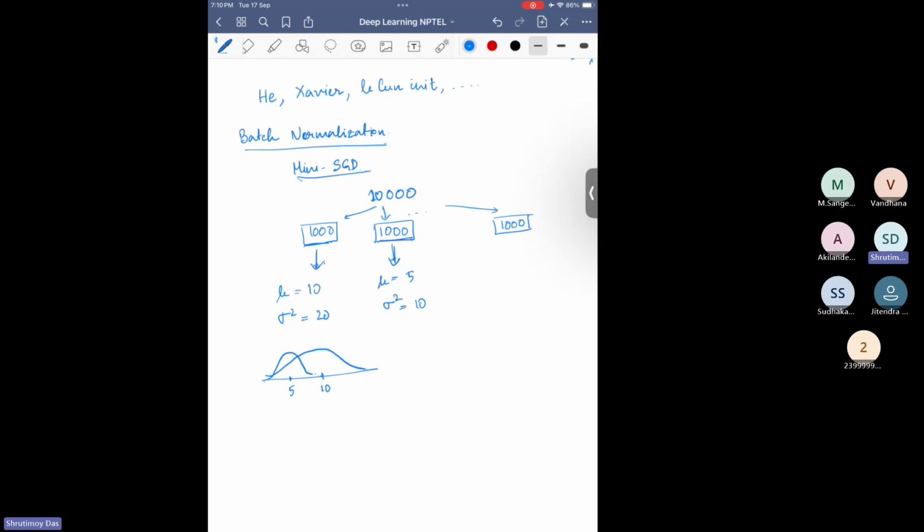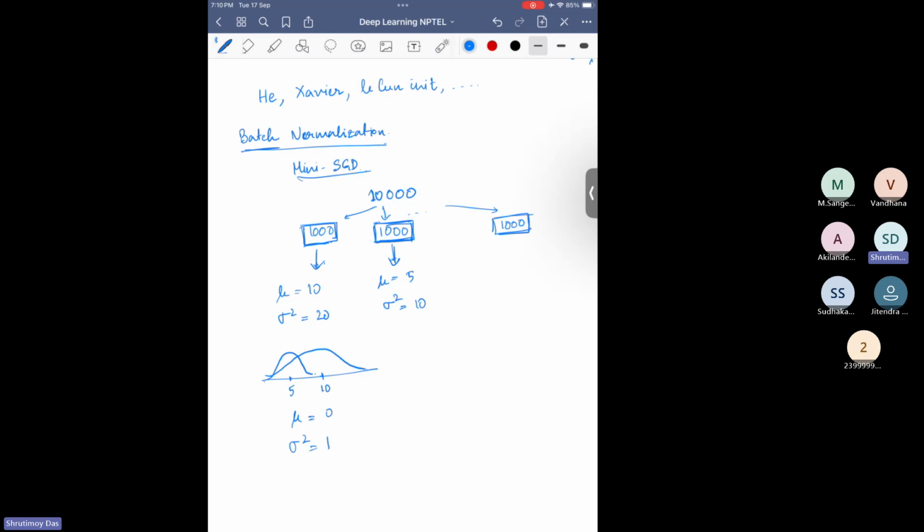What batch normalization does is you take each of these batches. That is how the term comes, batch normalization. You center each of these batches. By center, I mean you make sure that for each batch, the mu is 0 and the variance is 1.